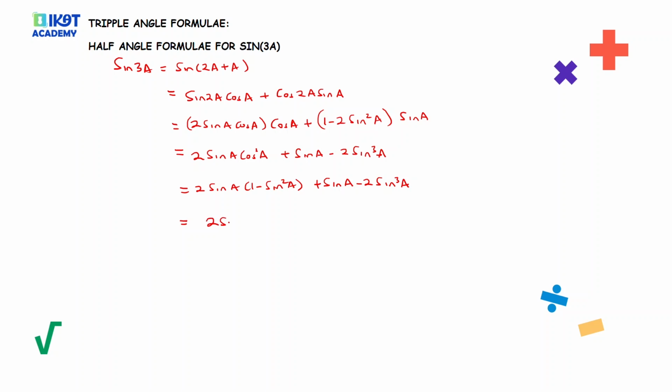This is 2 sine A minus 2 sine cubed A plus sine A minus 2 sine cubed A. So this comes to 3 sine A minus 4 sine cubed A. This is what I get: sine 3A is equal to that. This is the triple angle formula for sine.